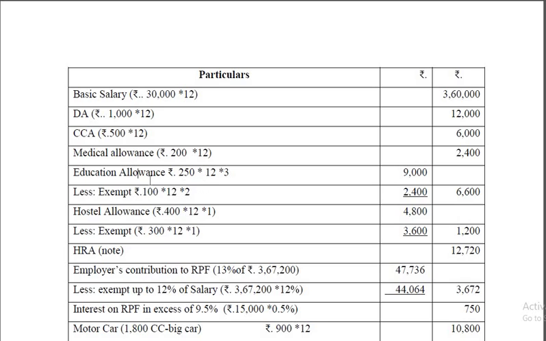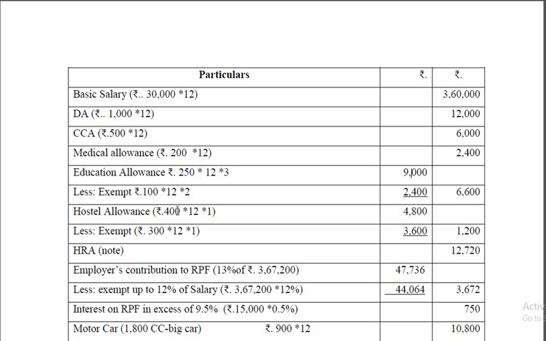Under educational allowance, what is given is 9,000. Of that, what is exempt? 100 per child for 12 months and for 2 children, therefore 2,400. Out of 9,000, 2,400 is exempt, remaining 6,600 is taxable.